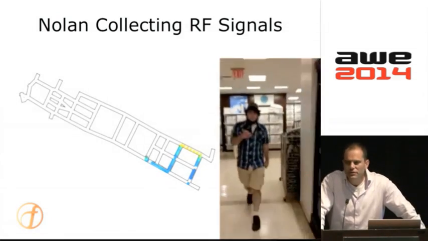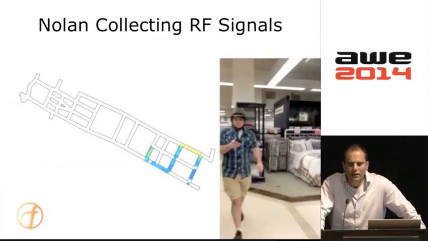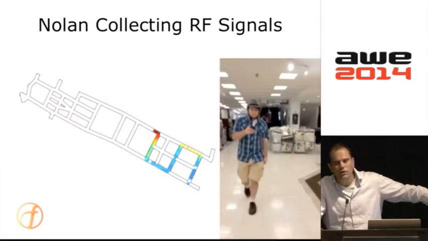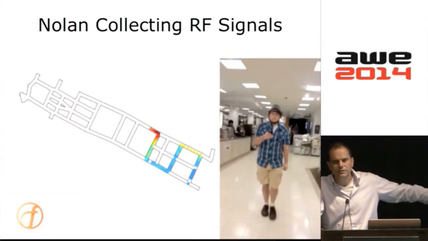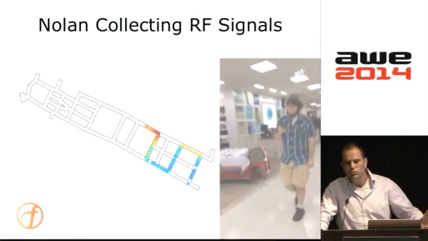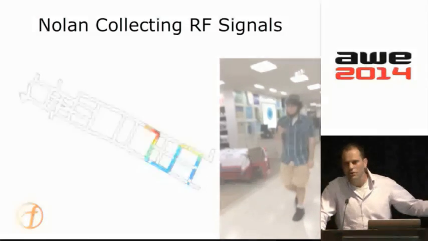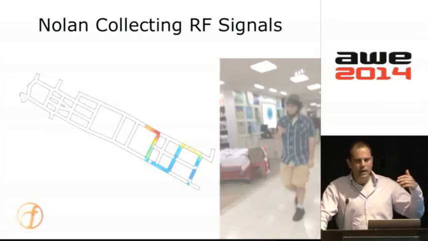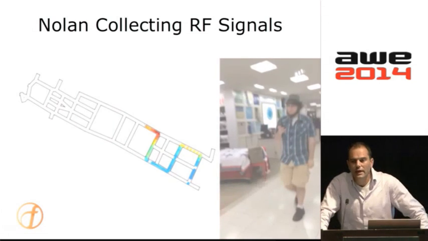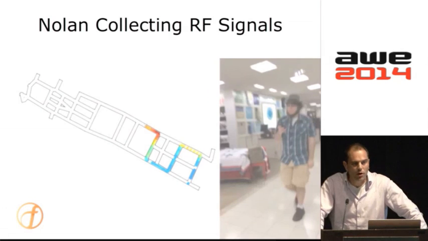I think in that specific store, there were more than 200 Wi-Fi networks. And so we are collecting enough to cover the entire store, obviously, and we are creating those maps. So sending Nolan, or any one of you, to a store, you can map it such that it enables indoor positioning for the cases where the phone is not out, it's in the pocket.